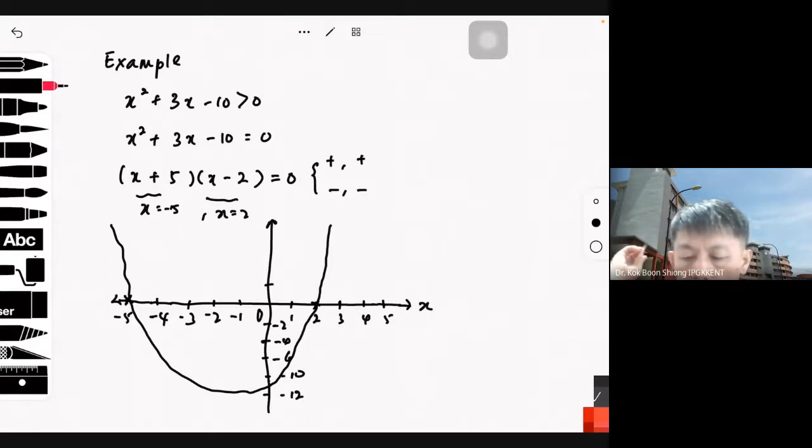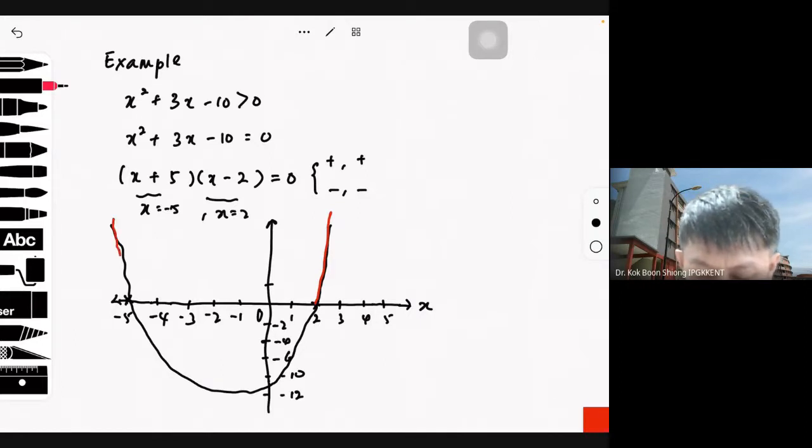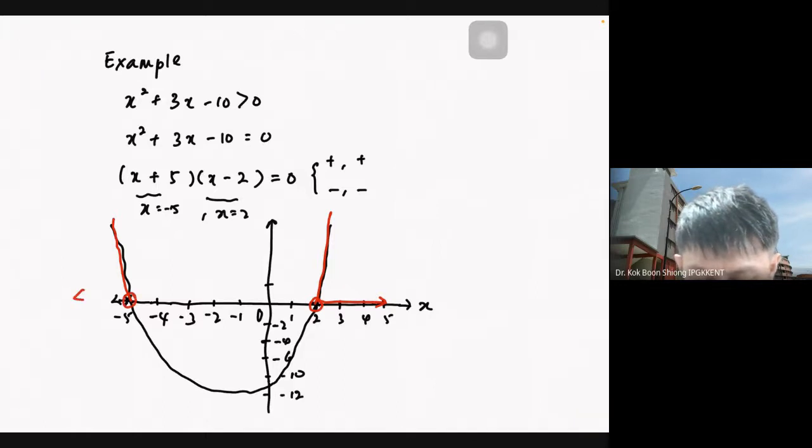We must take this part, the part above the axis. This is the positive part. So the value is either going this side or going this side.